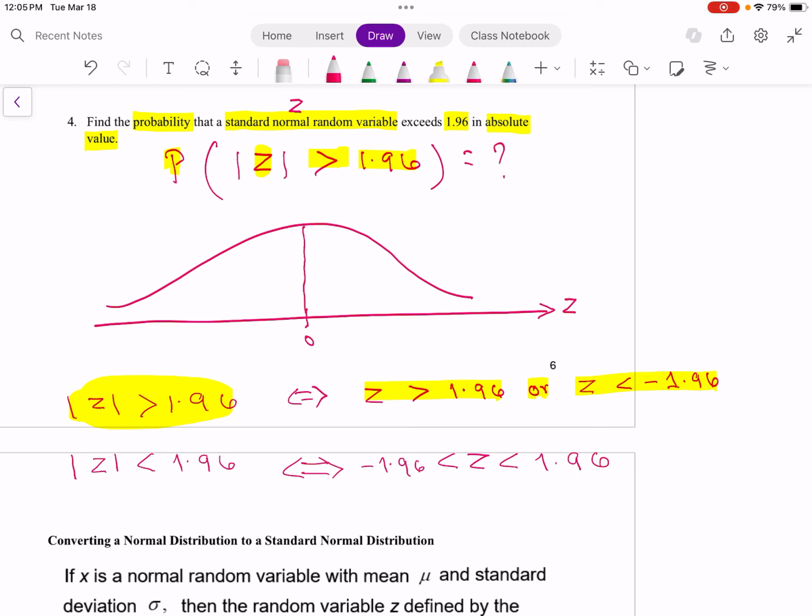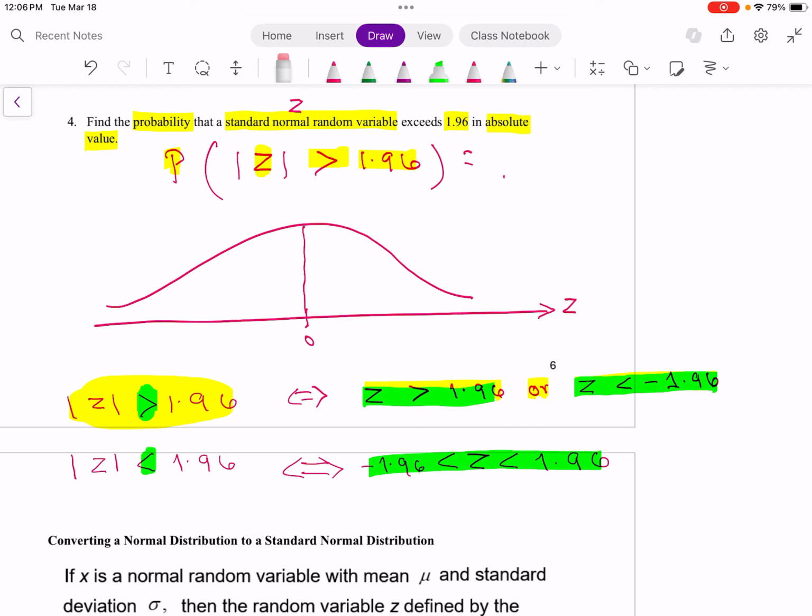So if your absolute value inequality has a greater than, this is what you're going to write down, and you can rewrite without the absolute value sign. And if you have less than, this is how we rewrite without the absolute value sign.